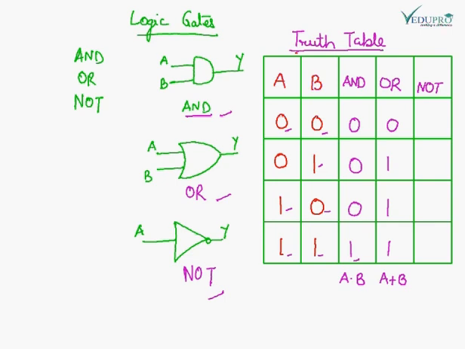Say A is the input, so when A is the input, the output will be 1. Here also A is the input, output is 1. When input is 1, the output will be 0. Okay. So in NOT gate, when there is only one input, when the input is 1 the output will be 0, and when the input is 0 the output is 1. So here we can say that it inverts whatever the input is. So A slash will be the output.